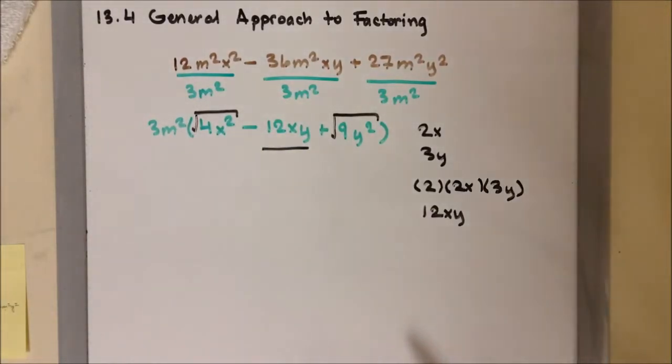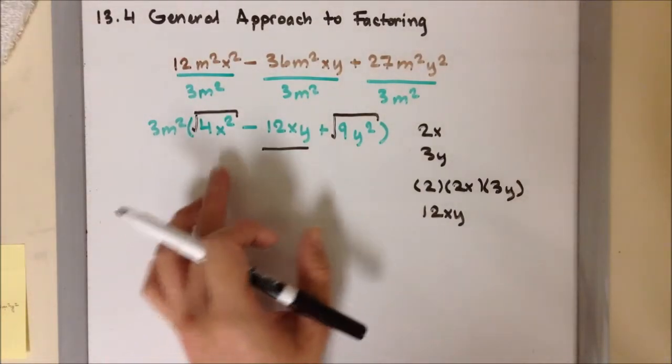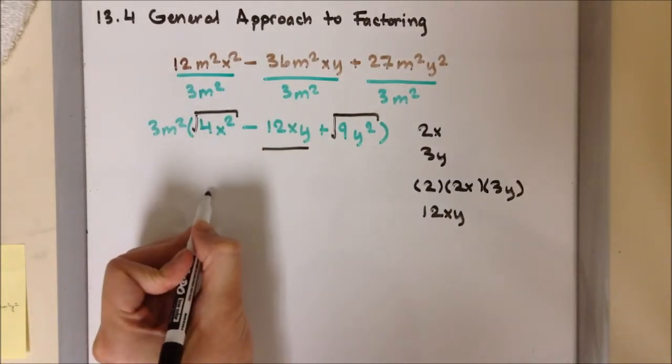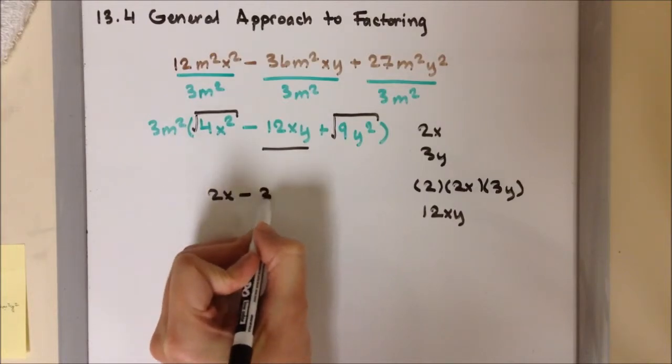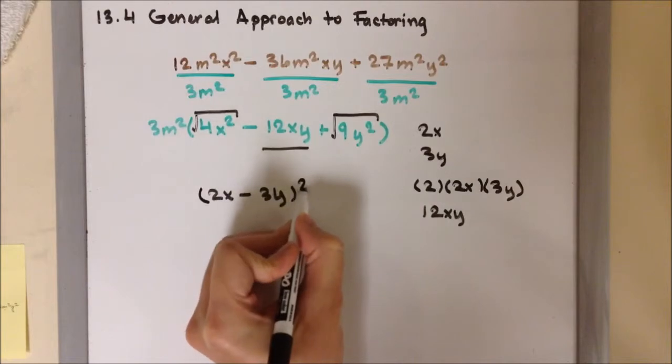So this is indeed a perfect square. So I'm going to factor this according to the format that was covered in perfect squares. Since the middle term is minus, it's going to be my a value, 2x, minus my b value, which is 3y, put in parentheses with the square.